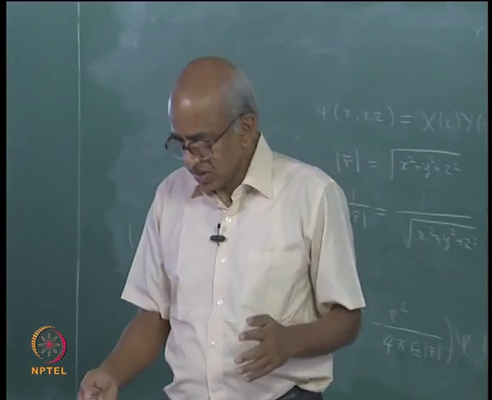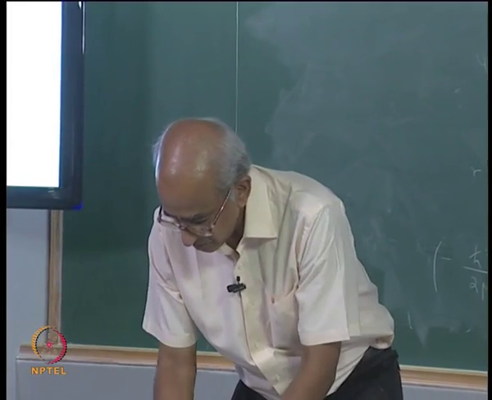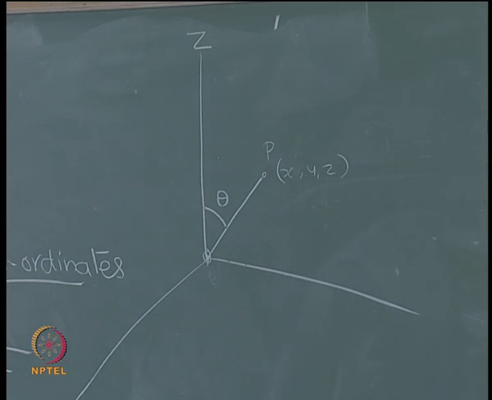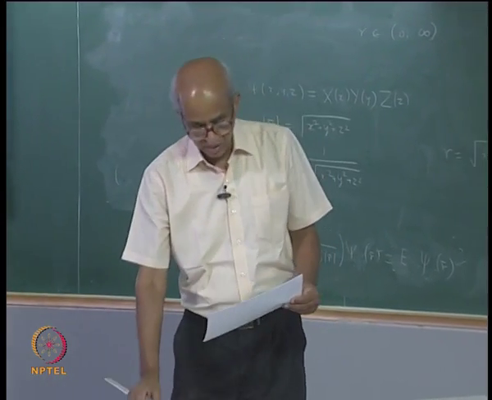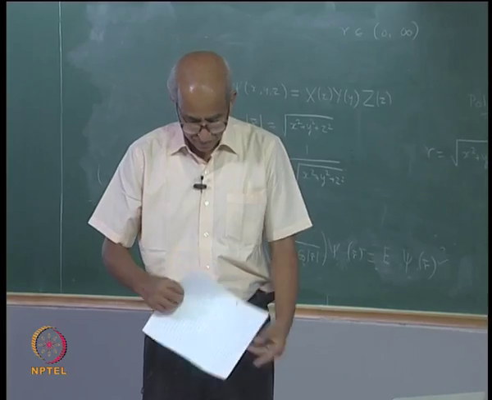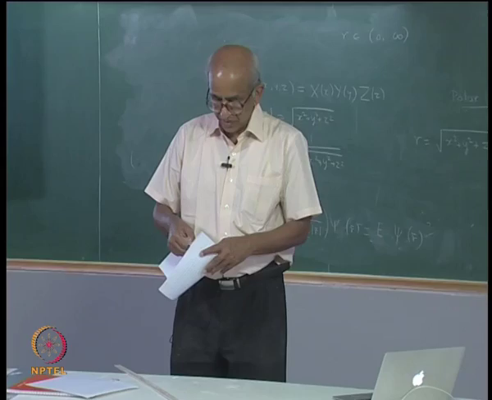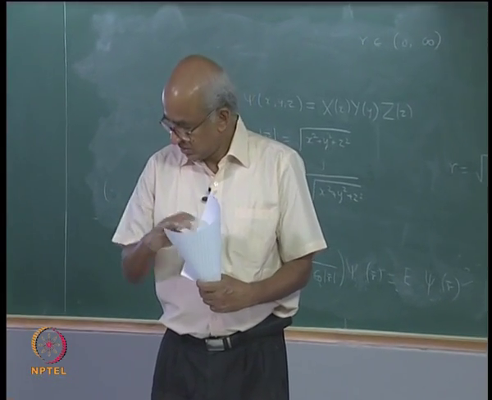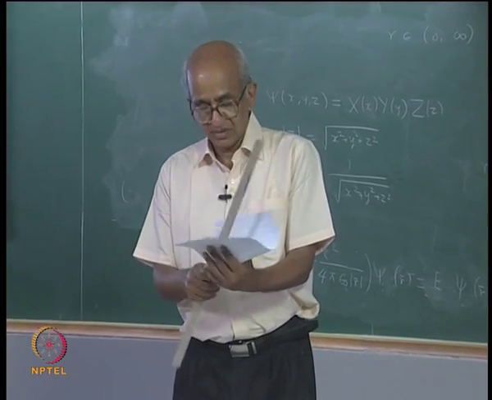Well, the answer would be the following. Imagine that this is your z axis, and you think of a cone like this one, such that it is around the z axis.